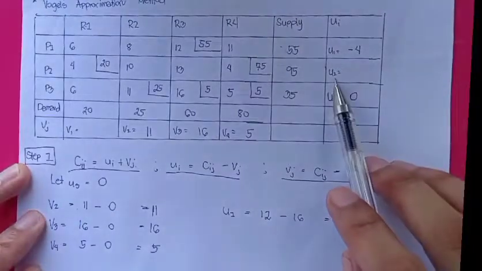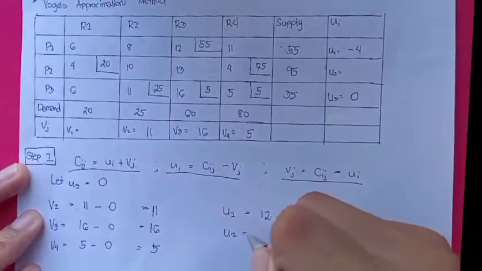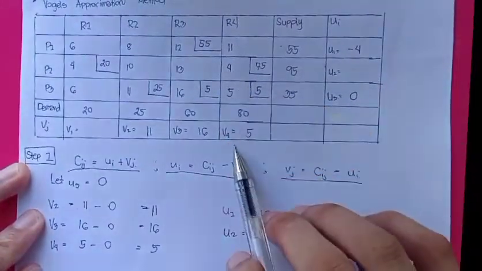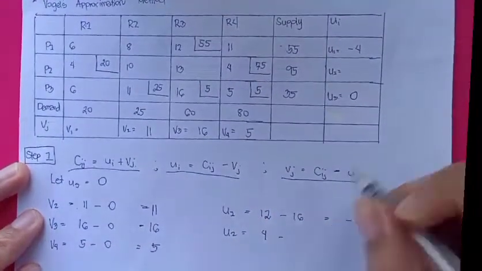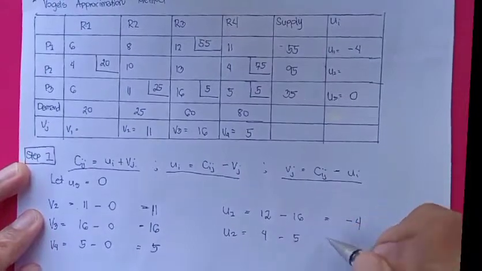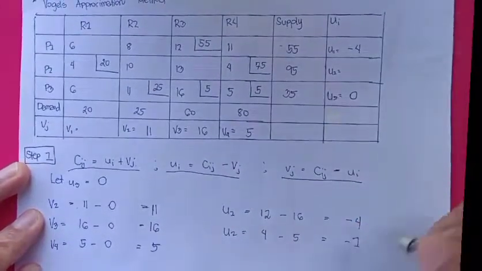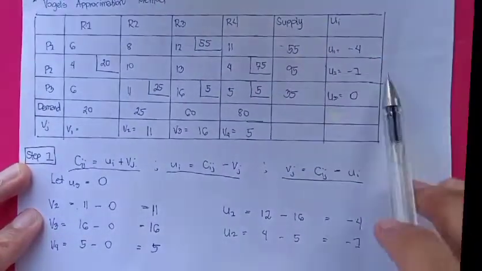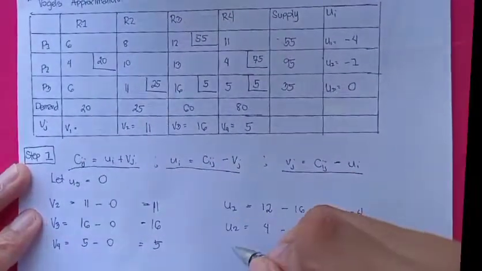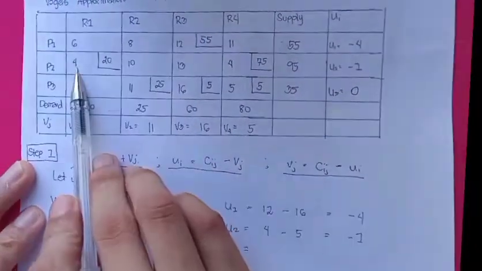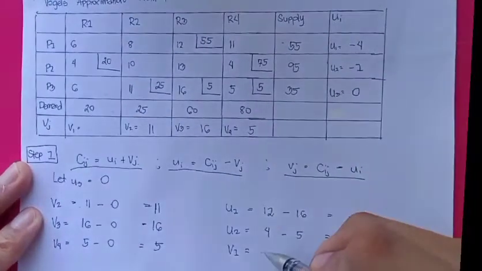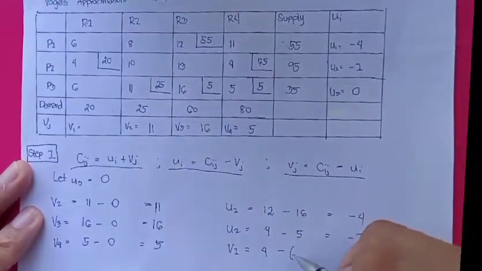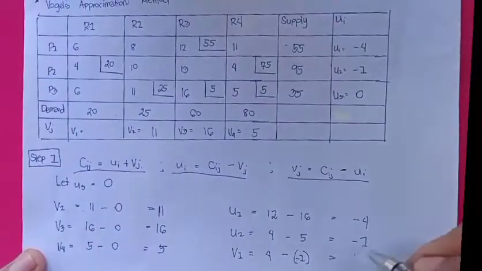We can also find our U2 since we have Cij and Vj. Our Cij is 4 and our Vj is 5. So our U2 is negative 1. Lastly, we can find our V1. The Cij is 4 and the Ui is negative 1. So 4 minus negative 1 is equal to 5.